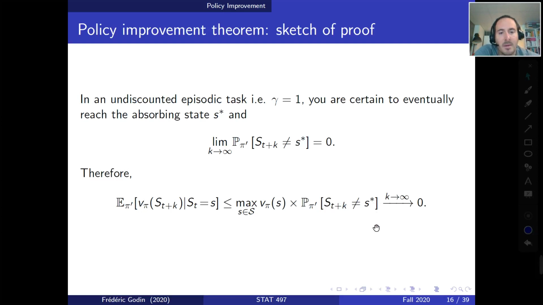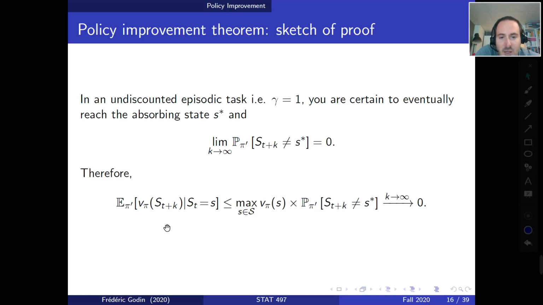Because when we reach the absorbing state at time t plus k, the value of that state becomes exactly 0. So this expectation is equal to the sum of the value functions in all possible states times their probability of getting to these respective states. But for all absorbing states, the value is 0.